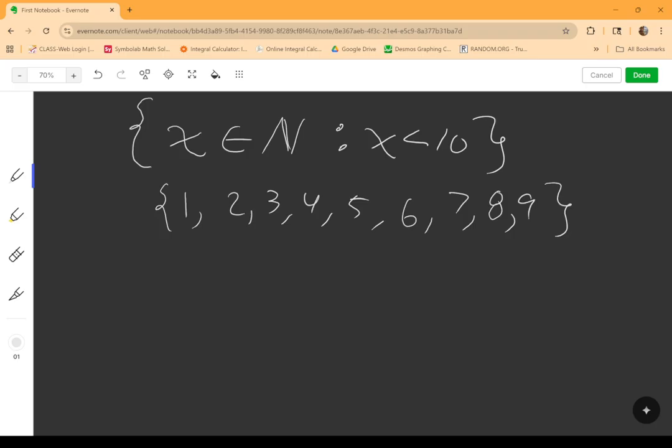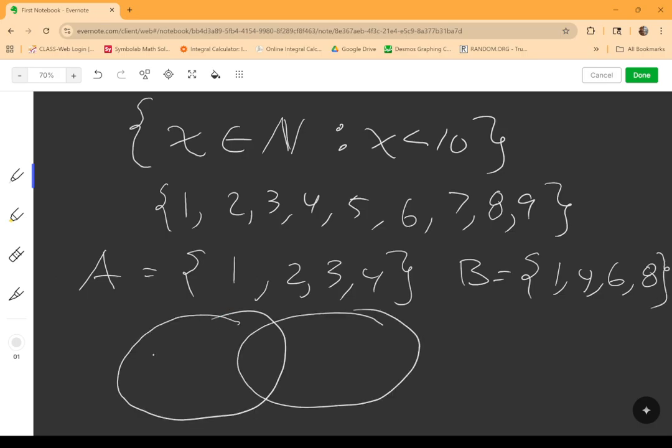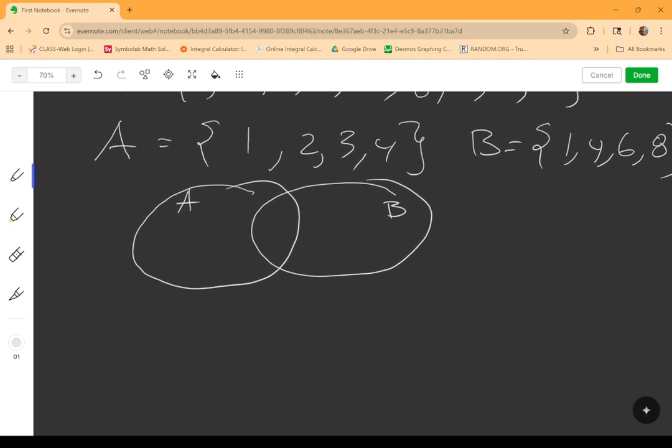Now there are different things that we can do with these sets. We can describe them as union. Let's say that set A is the numbers 1, 2, 3, 4, and set B is the numbers 1, 4, 6, 8. In A we have 1, 4, 2, 3, and in B we have 1, 4, 6, 8.